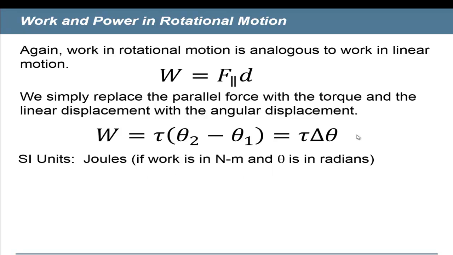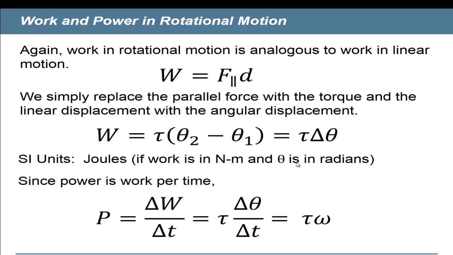This is the only way. It's joules. We also said we were going to talk about power. And power is just a rate at which work is done, right? So power is a change in work with time. This is the same definition we used to define power in chapter 7. And so this is delta W over delta T, the change in work with time. But delta W is actually tau delta theta, right?